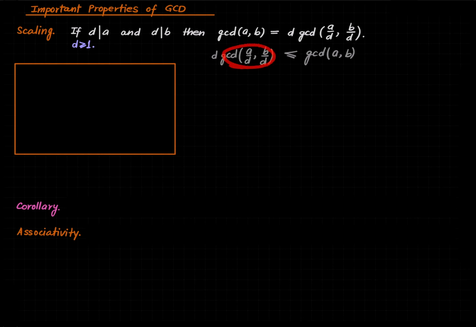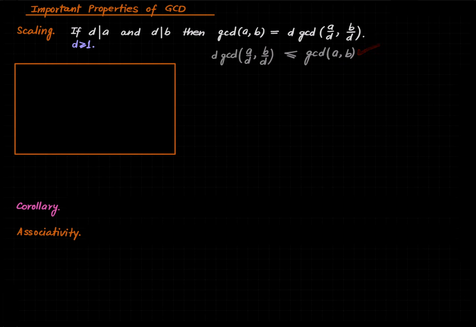Call this e, then e divides a/d, and hence de divides a. Similarly, this also divides b, therefore it is a common divisor of a and b, and hence it cannot be more than the greatest common divisor of a and b.